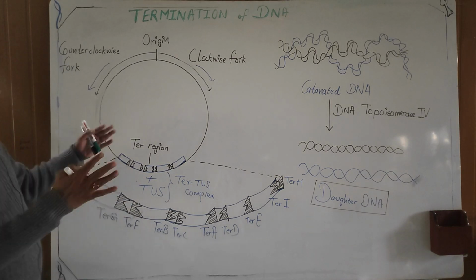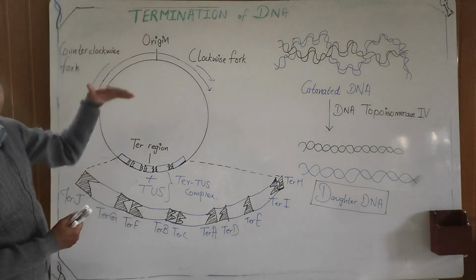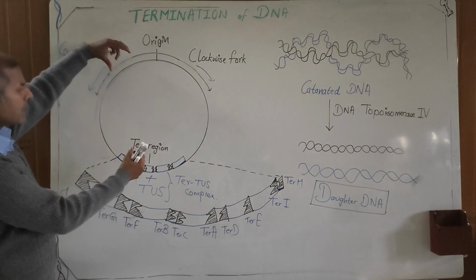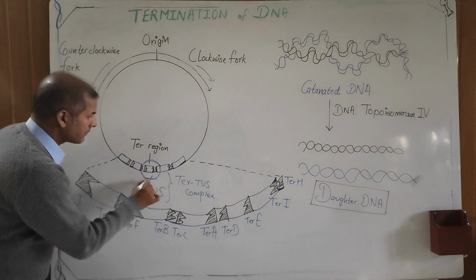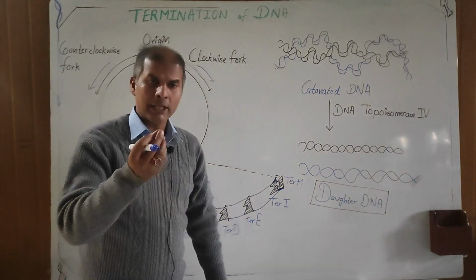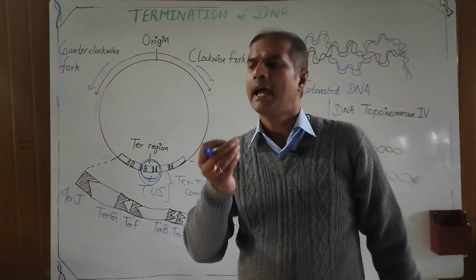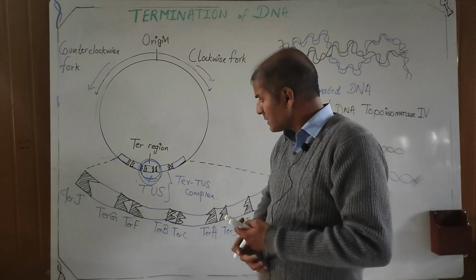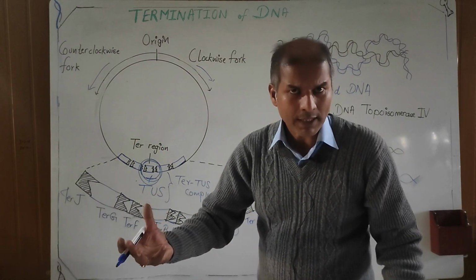So, finally we can assume that two daughter DNAs are formed from one parental DNA, and both are attached at a single point, that is at the TER-TUS complex. Now only one step is needed to cleave the attachment and finally form two daughter DNAs.